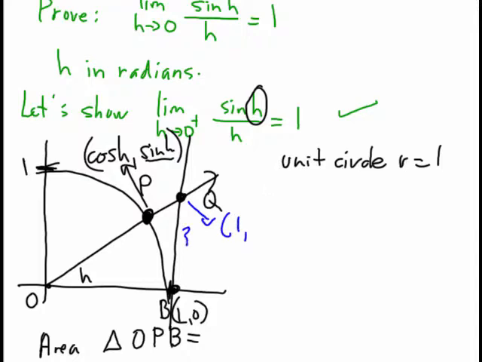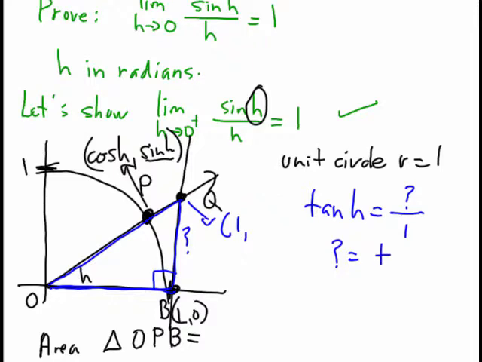Now this side right here, I'm looking at this triangle, we need to determine. Alright, since it's a right triangle, I could say that the tangent of the angle h is something over 1, which would mean that the missing side, labeled question mark, is tangent h.